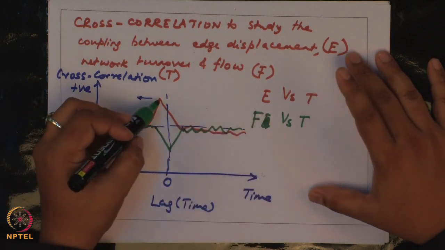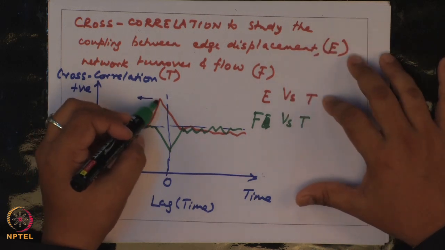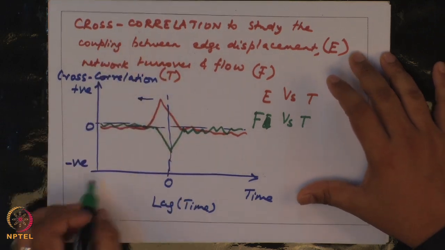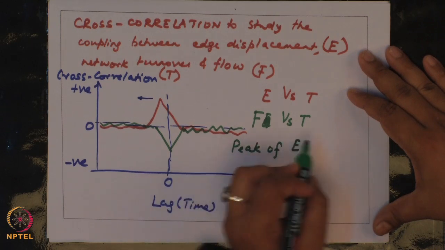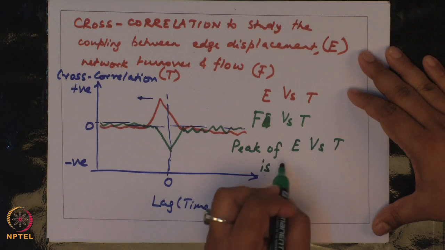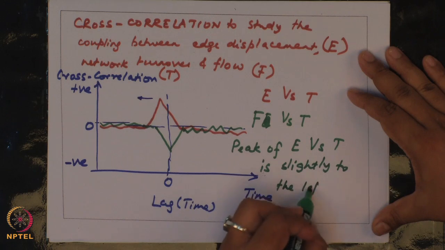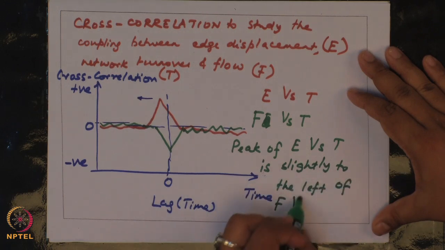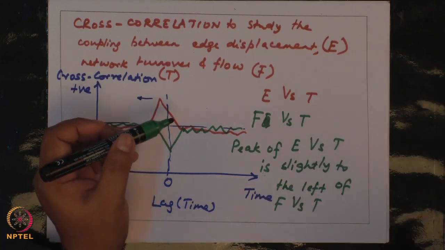What you also see is that the positive peak between E and turnover is slightly to the left, so the peak of E versus T is slightly to the left of F versus T. This suggests that if I imagine the sequence of events happening temporally, there is a polymerization event, which means turnover.